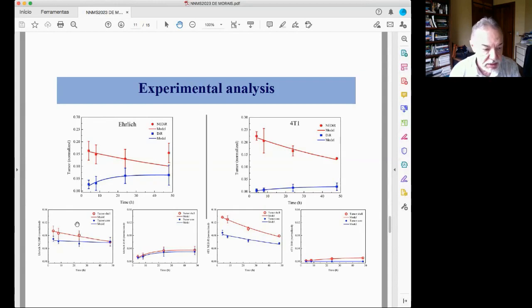When you split the data, you see for the Ehrlich tumor the tumor shell going downwards and the tumor core going slightly upwards.